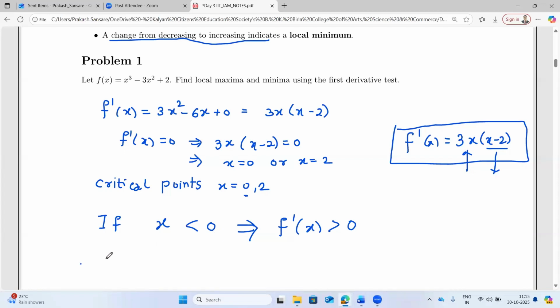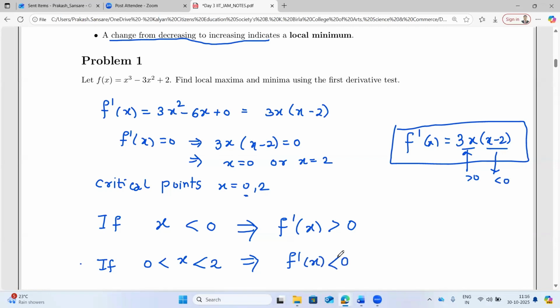Now, second, if x is between 0 to 2, what will happen to f dash x? Let's analyze this. This 3x is positive, greater than 0. What about x minus 2, is it positive or negative? It is negative. So the product of positive and negative will be less than 0.